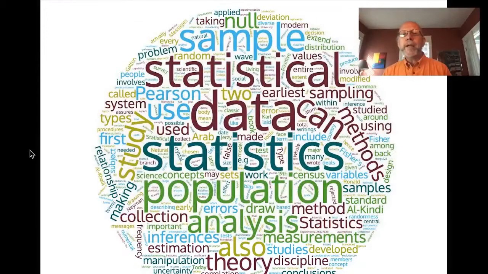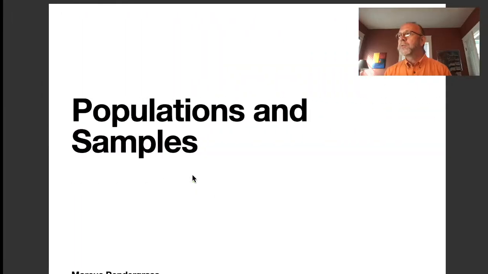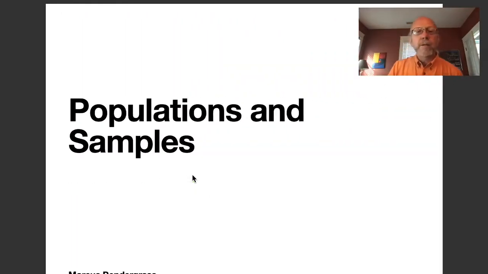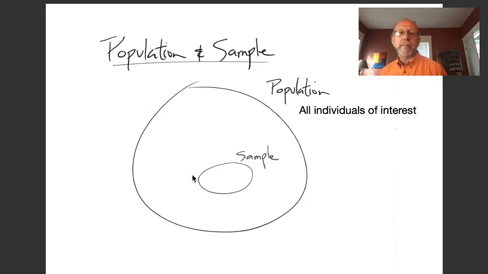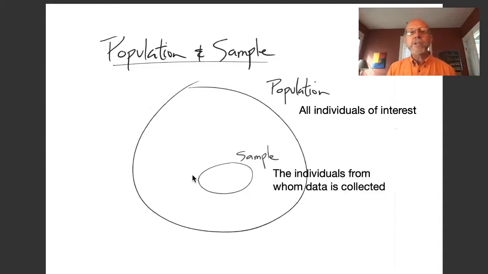Let me go ahead and show you a couple of cartoons that illustrate this distinction between populations and samples. So think of the population as just all the points inside this big circle here. They're all the individuals that we're interested in whatever study we're doing. A sample would consist of some subset of those individuals, and that's the group from which we actually collect data.